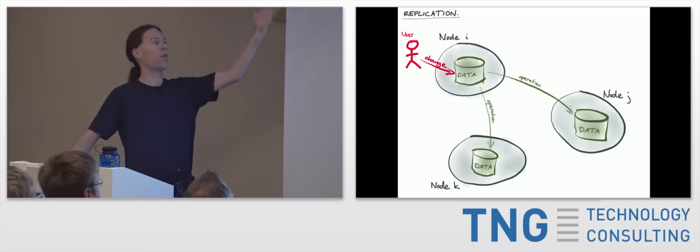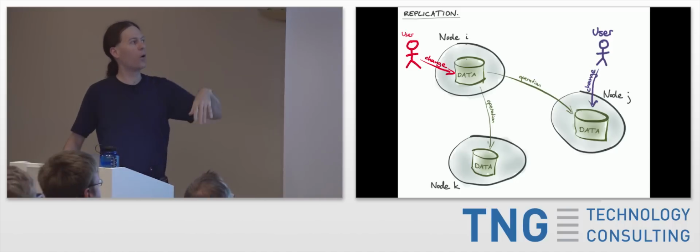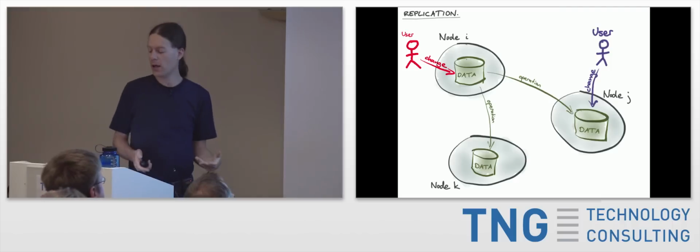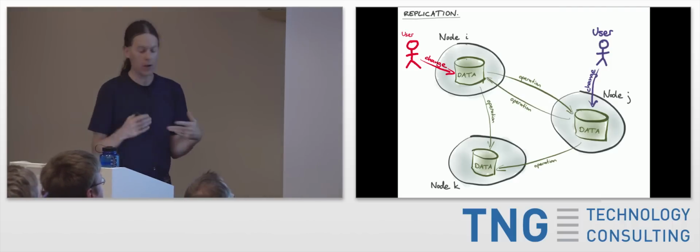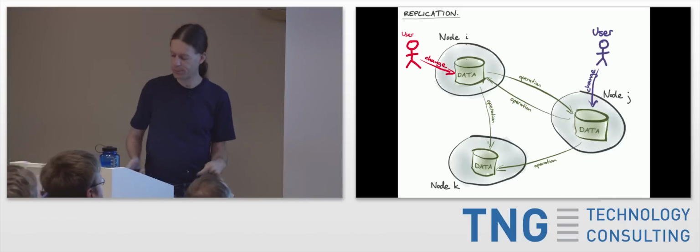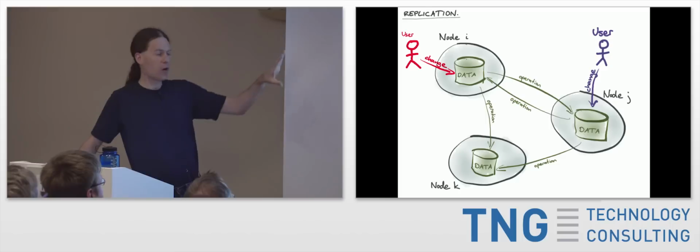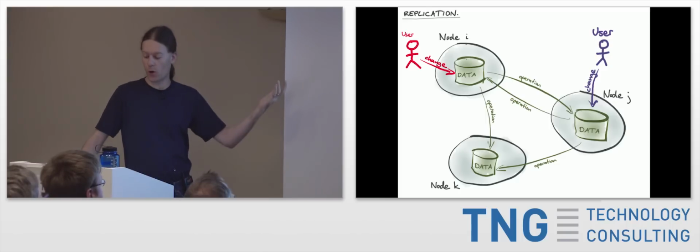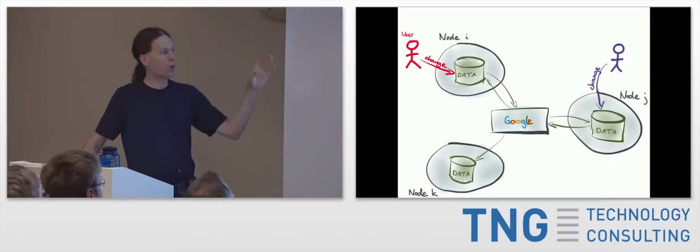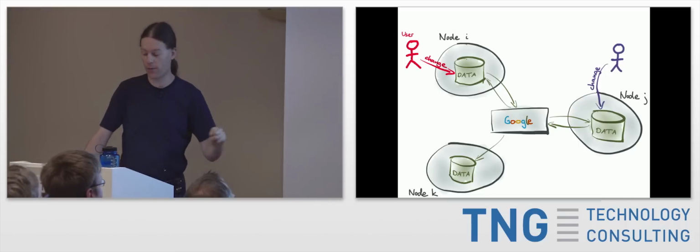While the red user is accessing node I, the purple user could be accessing node J, and they would similarly make changes on that copy of the data, and those operations would get sent to other copies. So in the abstract, we can think of the system like this. In the concrete case of Google Docs, all of the communication goes via Google servers.